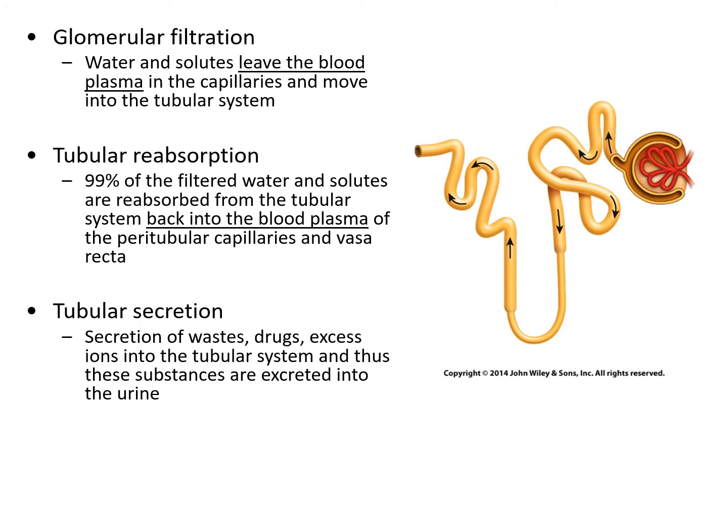And tubular secretion, in which secretion of wastes, drugs, excess ions into the tubular system. These get secreted into the tubular system independently of hydrostatic pressure. And so these substances will definitely be excreted into the urine.